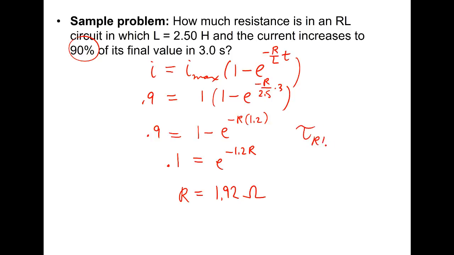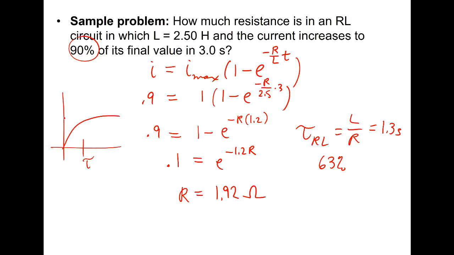So tau RL is going to be L over R. So 2.5 over 1.92 is going to give us 1.3 seconds. And that's where the current is getting to 63%. So it's reasonable to think that the current gets to 90% in 3 seconds. Because remember that once we hit tau, we're most of the way there, and the rest of it is a fairly slow climb as it exponentially approaches I max.